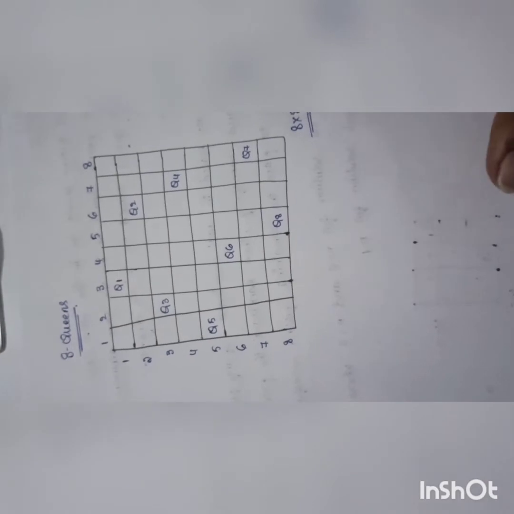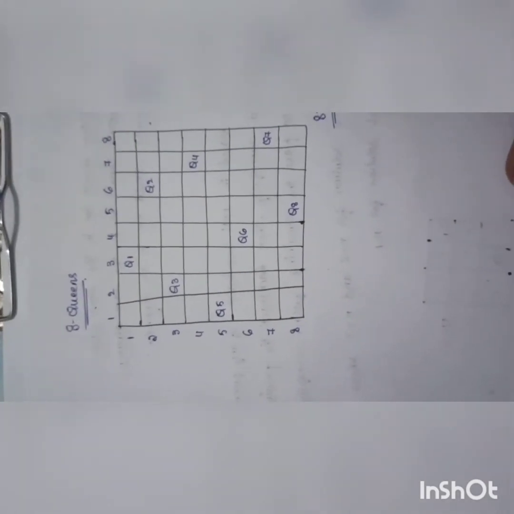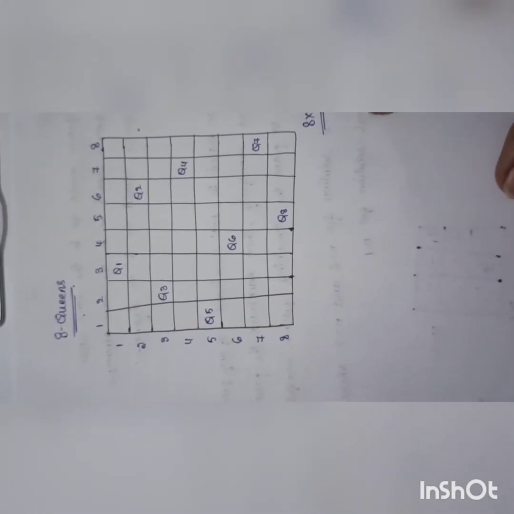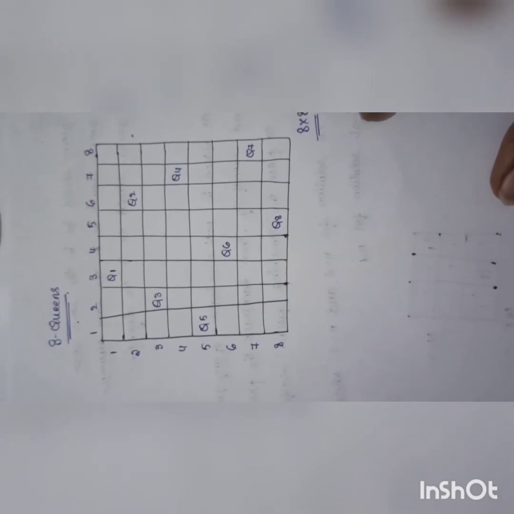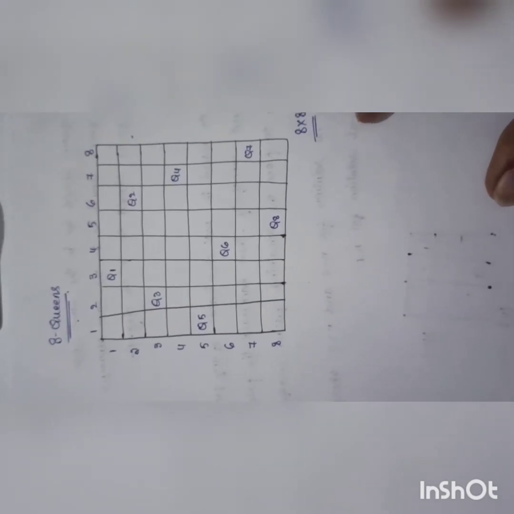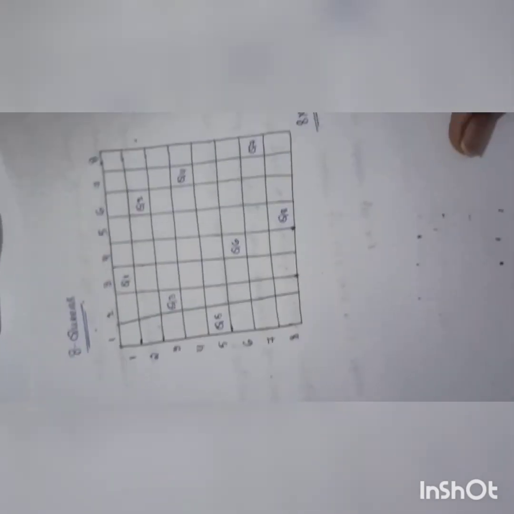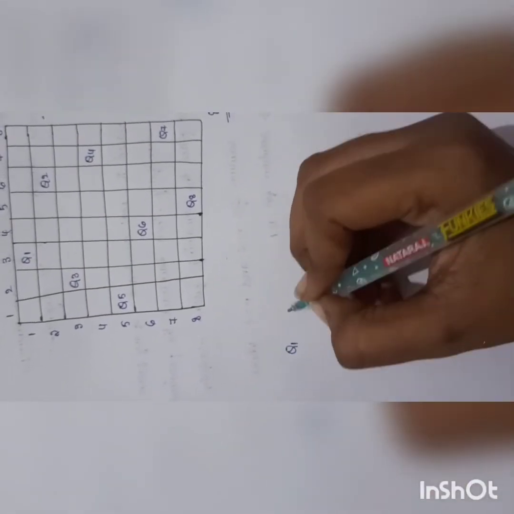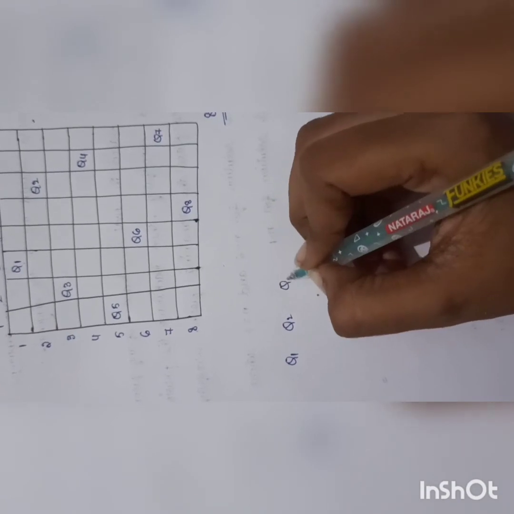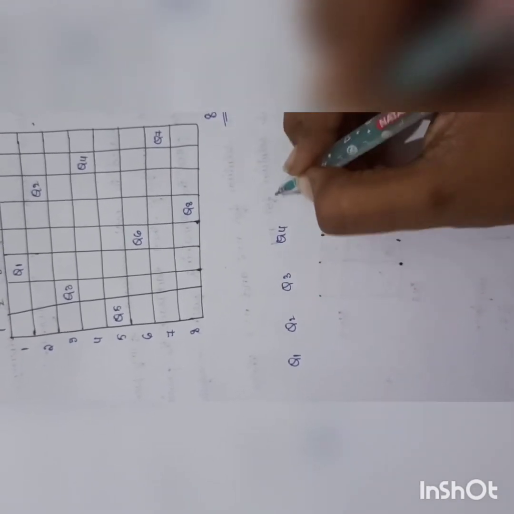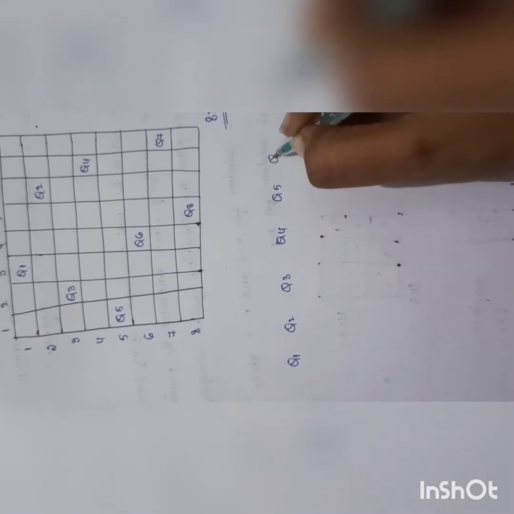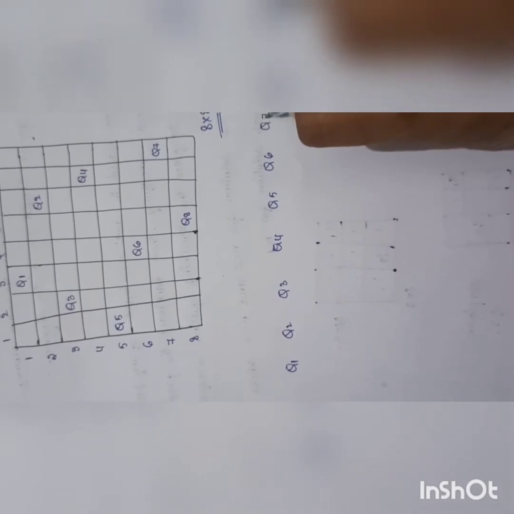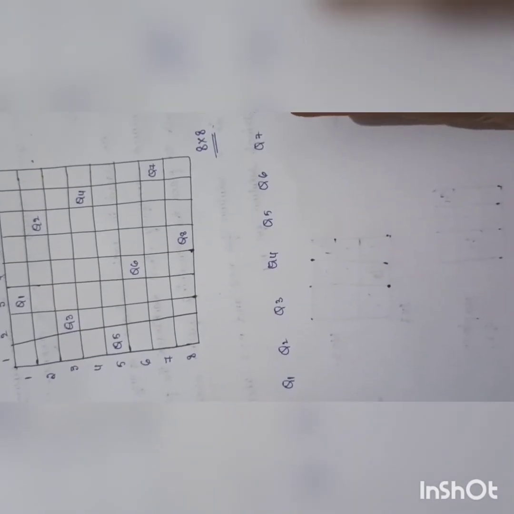Hence, we found that the three rules were satisfied, that there were no two queens in the same row, same column and same diagonal. Let us find the solution of this 8 queens problem, that is queen 1, queen 2, queen 3, queen 4, queen 5, queen 6, queen 7 and queen 8.